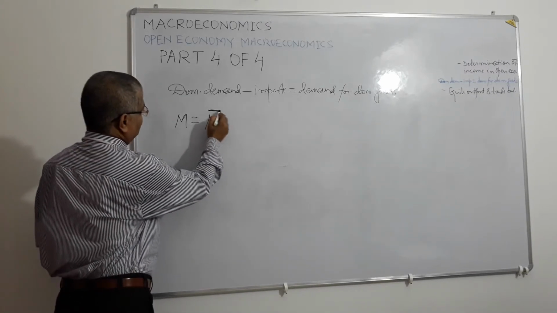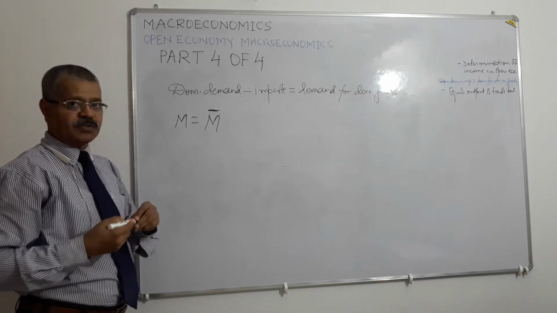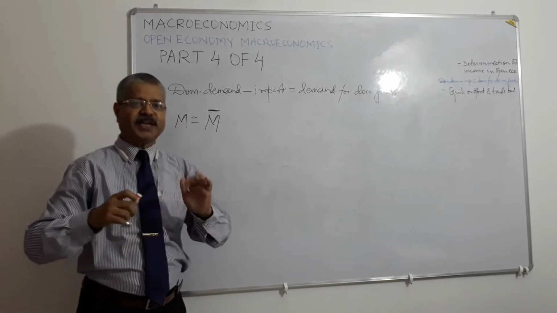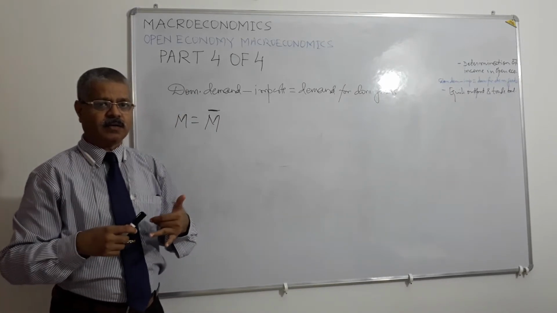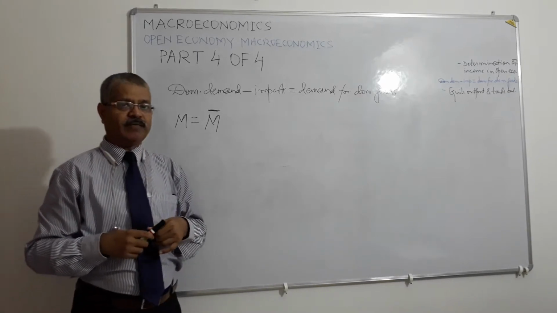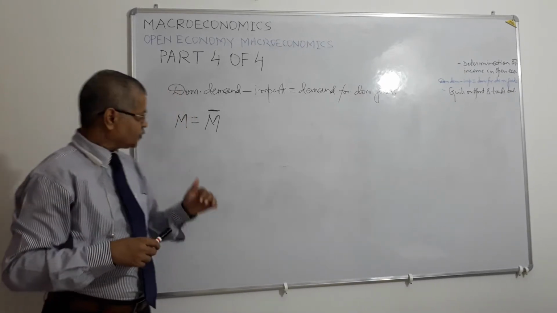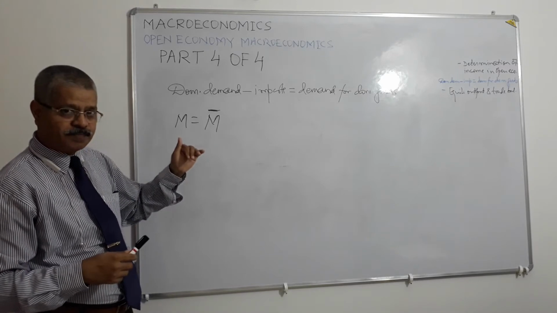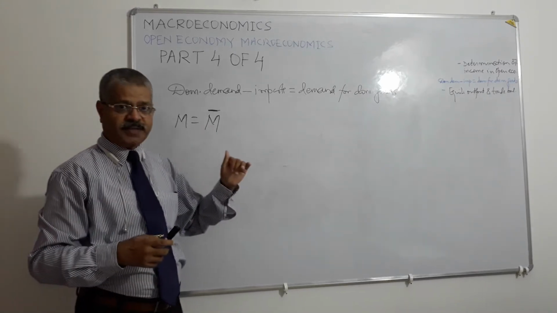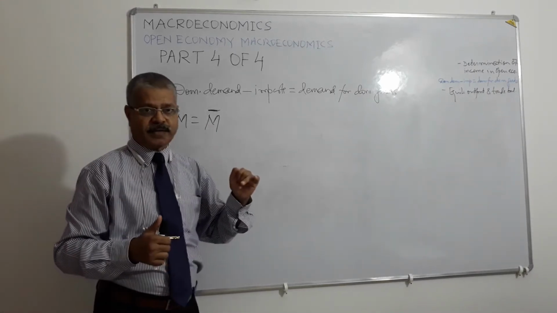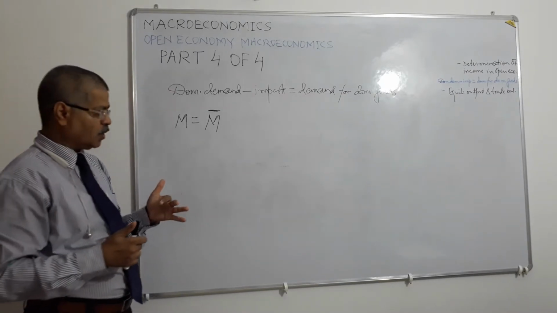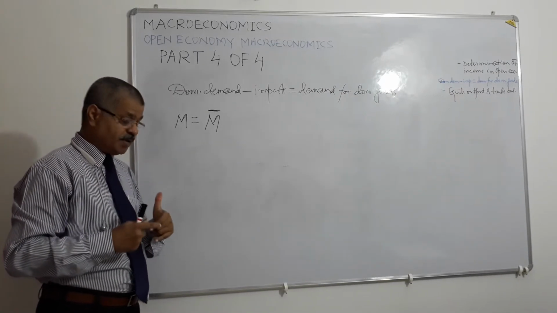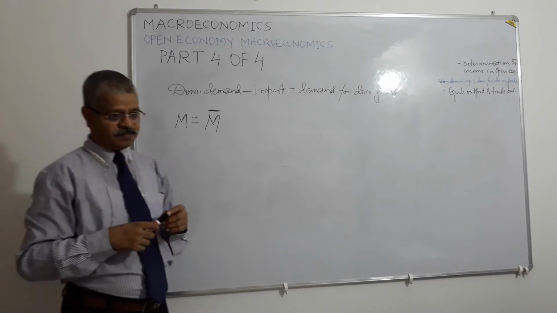M bar is the autonomous component of imports. Autonomous components need to be incurred irrespective of the level of income. So some imports will be there, some consumption will be there, some investment will be there. They are called autonomous. They will need to be incurred, right?